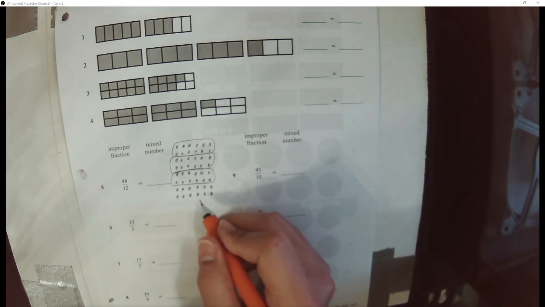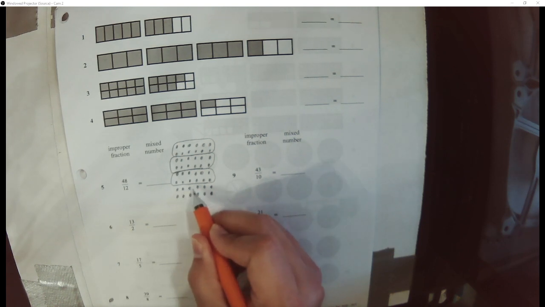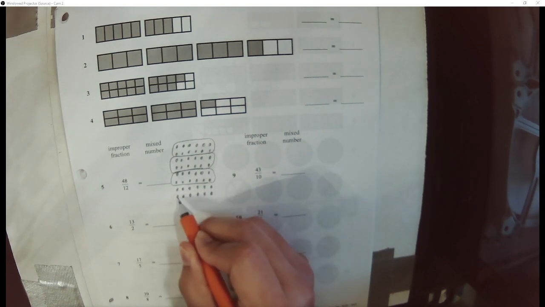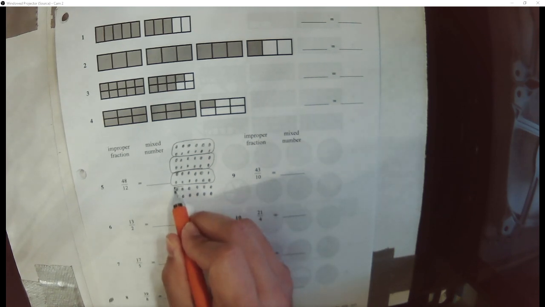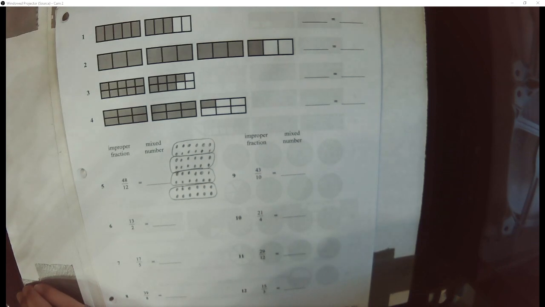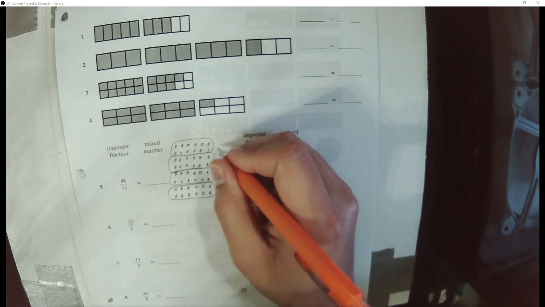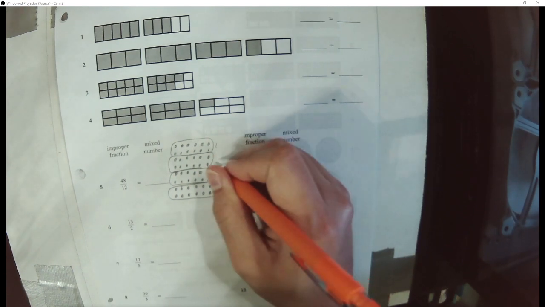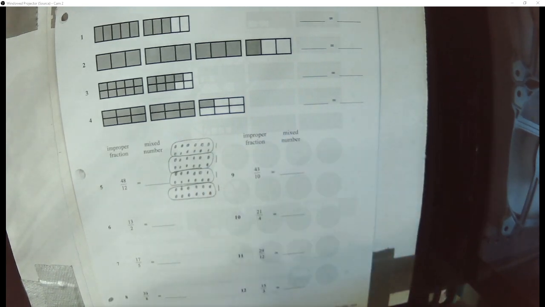Okay, I still have some dots. I'm going to see if I can make another. 1, 2, 3, 4, 5, 6, 7, 8, 9, 10, 11, 12. Just barely. So I was able to make one whole, another whole, another whole, another whole.